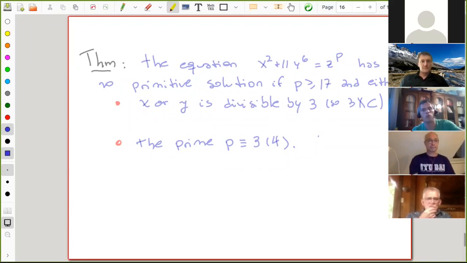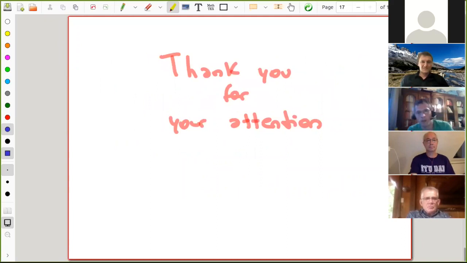It has the wrong type of reduction at 3, so you know that none of these have any solution, or in general, only for primes which are congruent to 3 mod 4. So it's like you proved a result, but only for half of the primes. Okay, and actually we do expect none of them to have solutions, but this is as far as we can go. So thank you for your attention, and sorry for the problem with the computer.